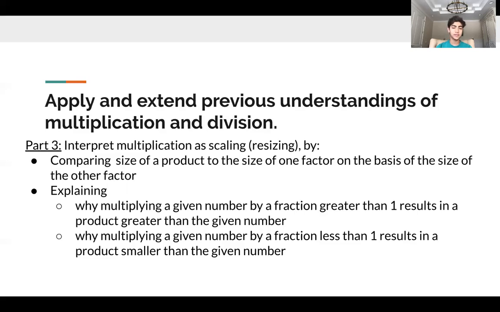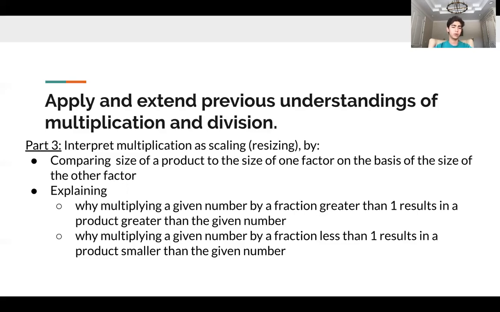So what that means is, let's say I'm looking at 2/3 of one factor on the basis of the size of the other factor, let's say 1/3. You have to understand that the product that gives you 2/3 is larger than the product that gives you 1/3.